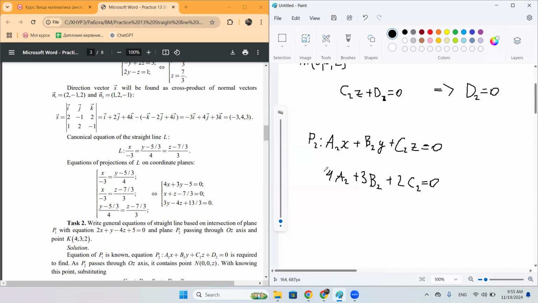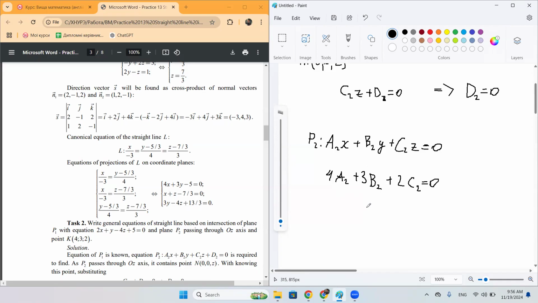Basically, we can just guess them. So we can choose any coefficients that are good for this equation, that match the condition.